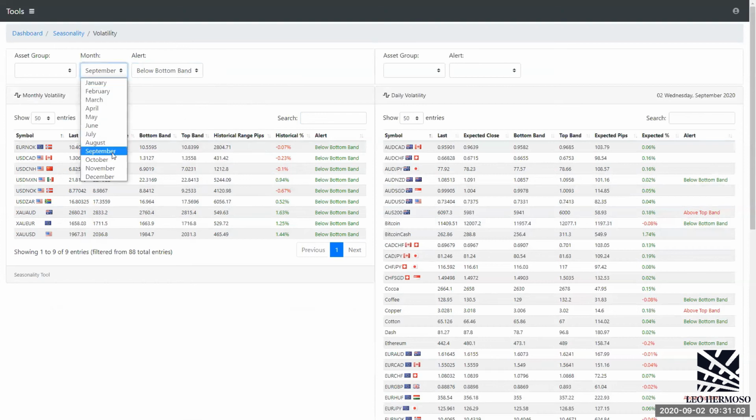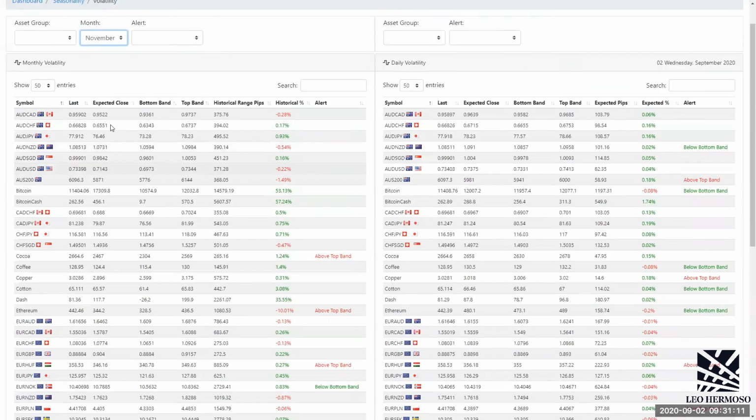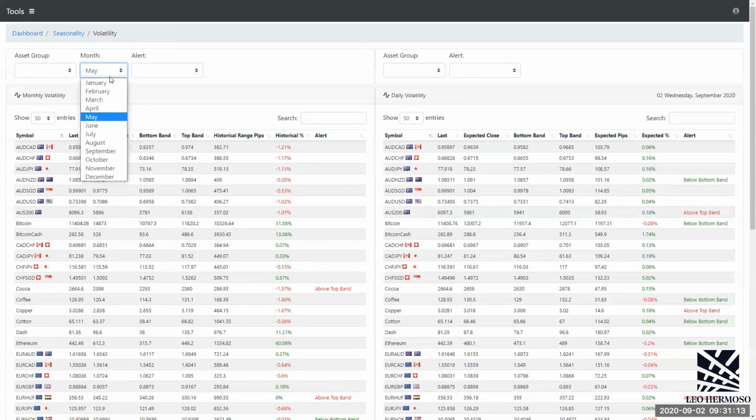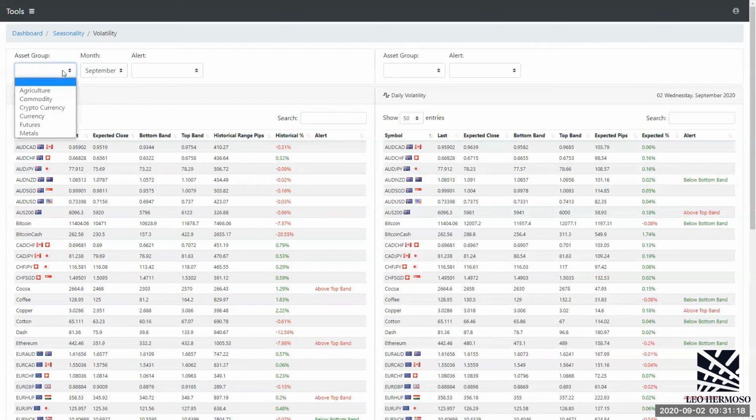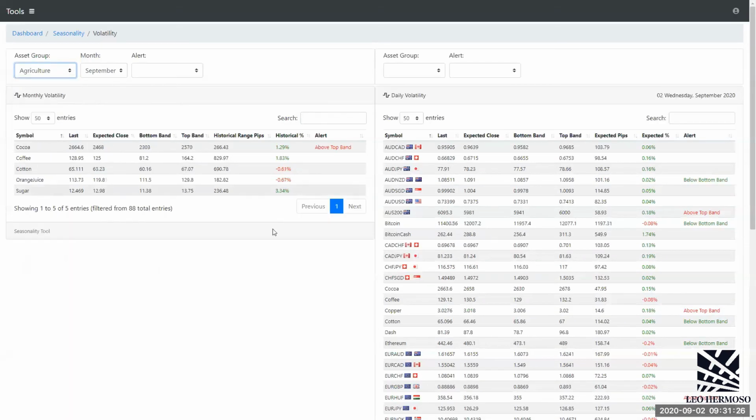If you want to know how the price behaves in other months, you just have to come here and click here. And if you don't want to see crypto, just the currencies, just select the currencies here. If you just want to see assets related to agriculture, just select here.